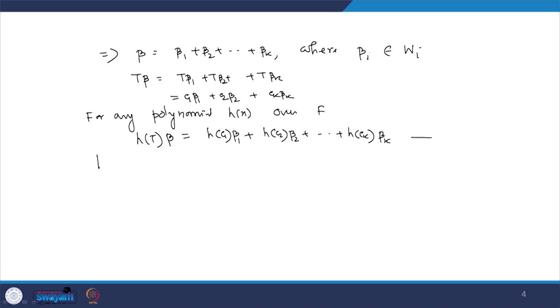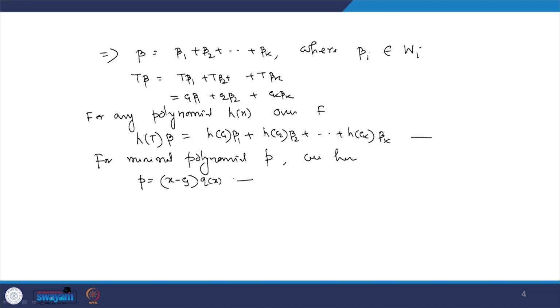For the minimal polynomial P, we have P equal to x minus Cj into some polynomial Qx. So, the minimal polynomial P can be written as x minus Cj into Qx.